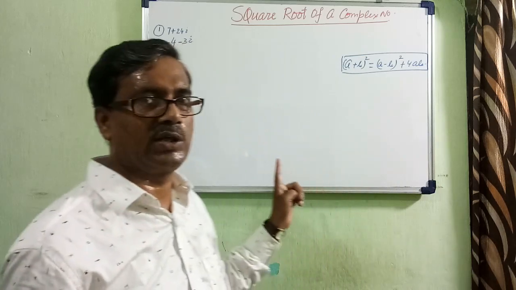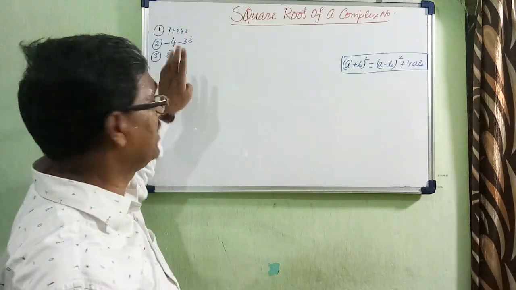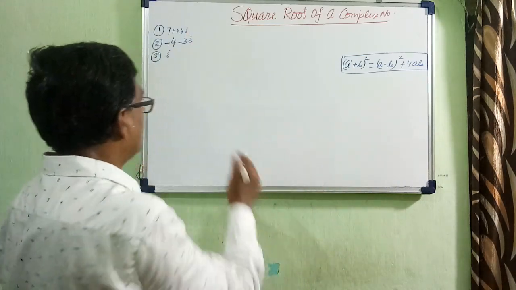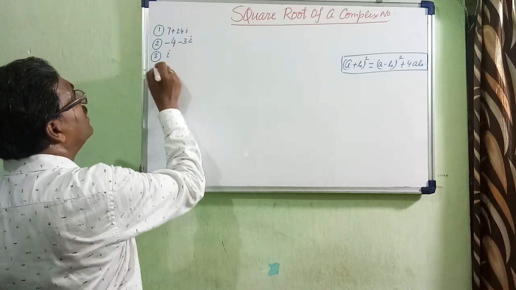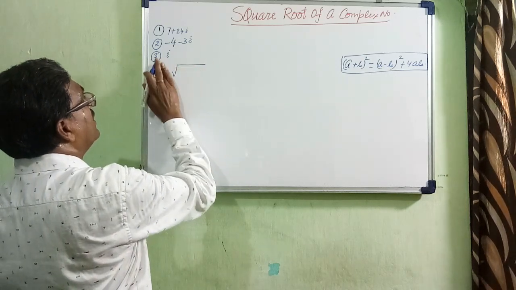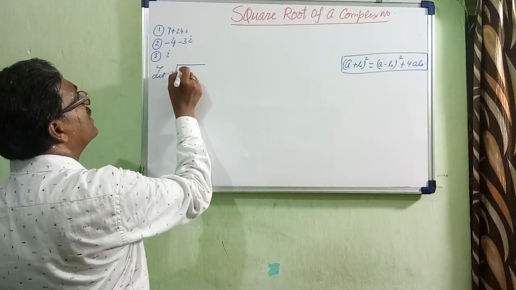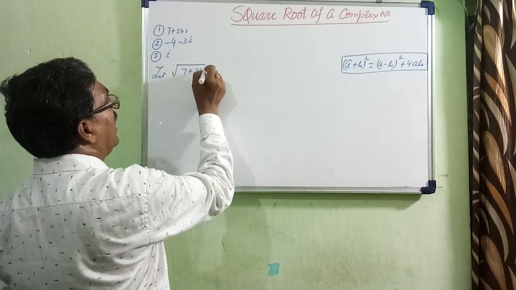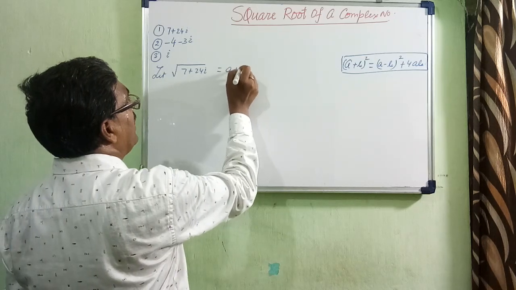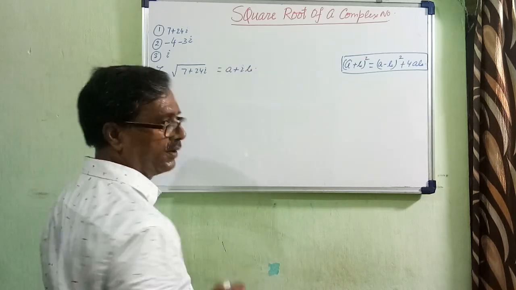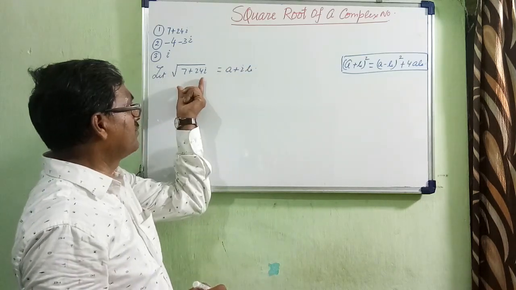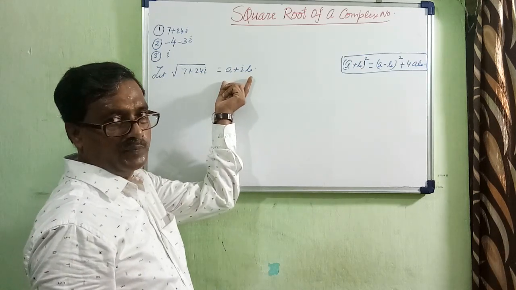So let us discuss. I will discuss all these three questions because all three are in a different mode. So first, let the square root of 7 plus 24i be equal to a plus ib. What I said, the square root of this is considered in a standard form.